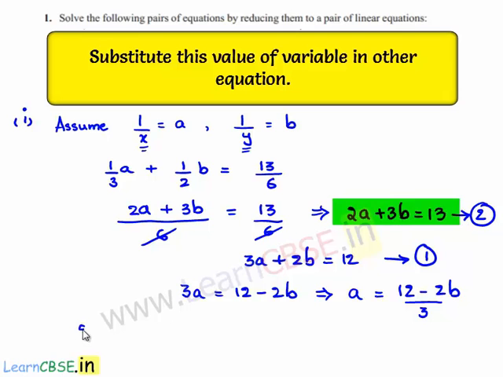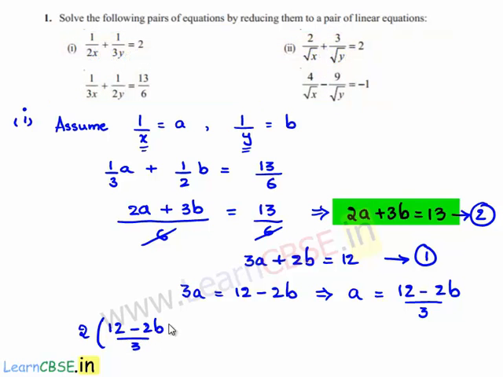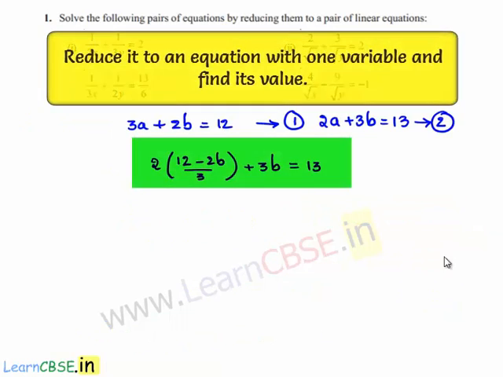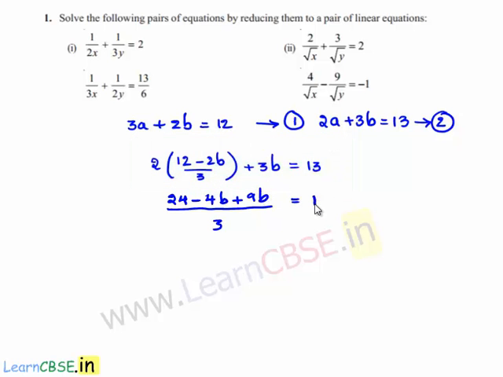We will be getting 2 times of a, which is nothing but 12 minus 2b divided by 3, plus 3b is equal to 13. Now taking the LCM as 3, we get 2 times of 12 is 24 minus 4b plus 3 times of 3b is 9b is equal to 13.